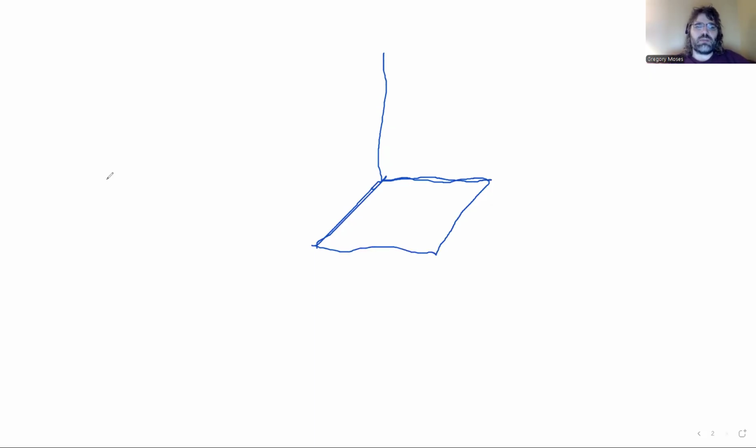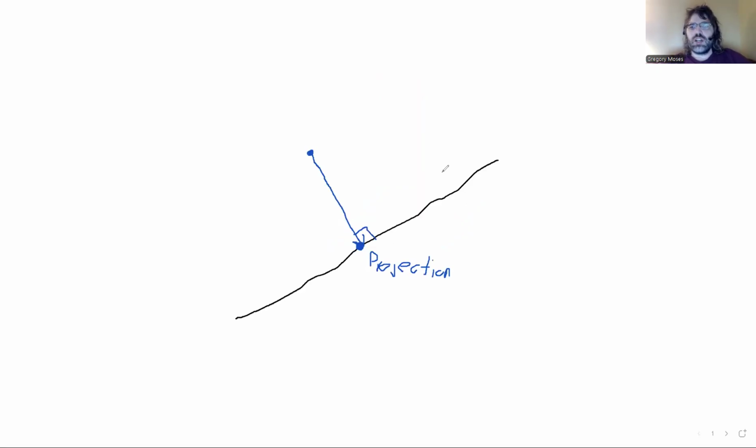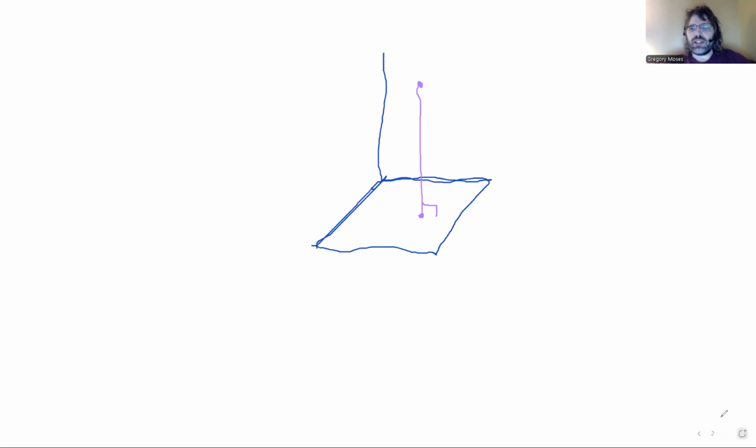And you have some point that is not on the plane. Well, you can project it down onto the plane, and so on. But this is the really important one for our purposes, projecting onto a line.